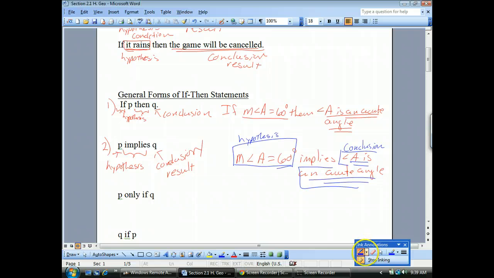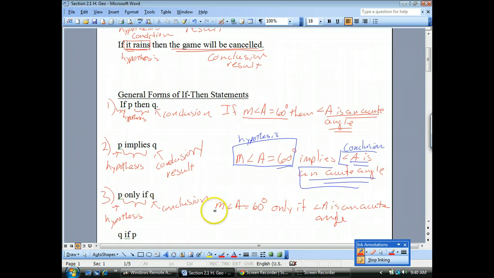The third form of conditional statements, and again, you must memorize these. The key terms are only if. If you see only if, what's in front of it is the hypothesis, and what's behind it is the conclusion. So the same statement: measure of angle A equals 60 degrees only if angle A is an acute angle.